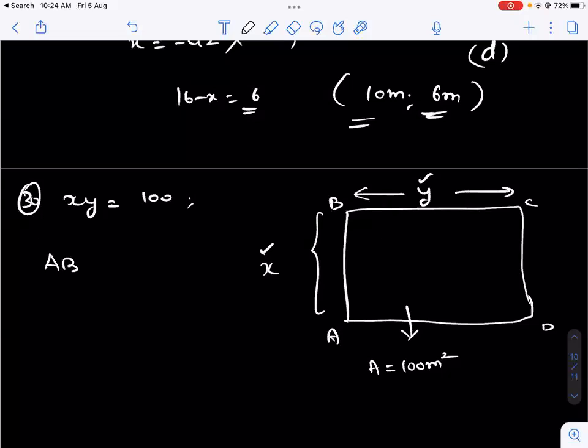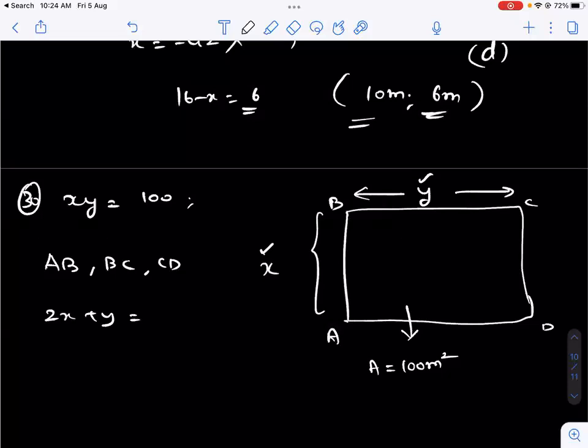Similarly, let us say he has covered the sides AB, BC and CD. So what is AB plus BC plus CD? 2x plus y is equal to, check what's given.